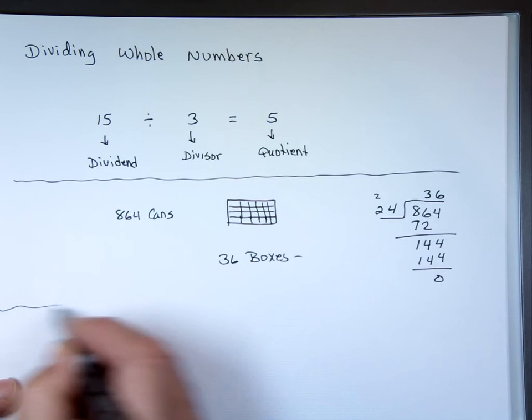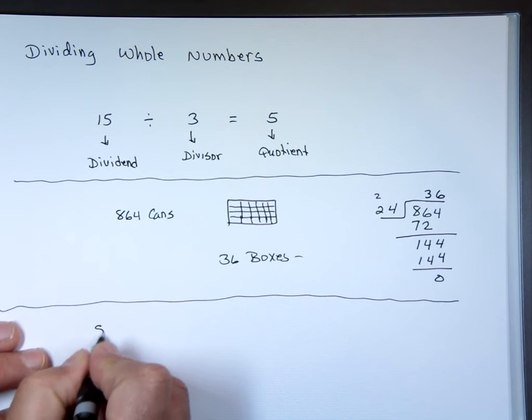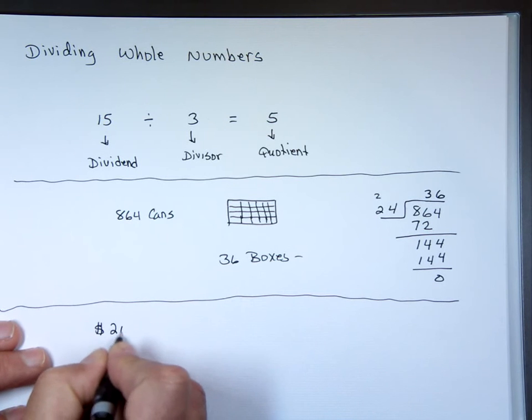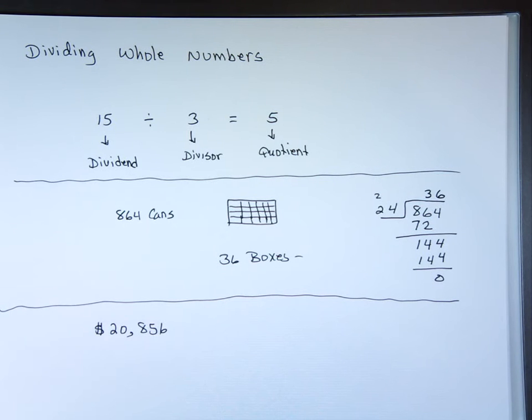Let's try another example. Let's say poor grandma, she passed away. When we looked at her checking account, we found out she has $20,856, with a little note: please divide this money equally between my 4 kids.